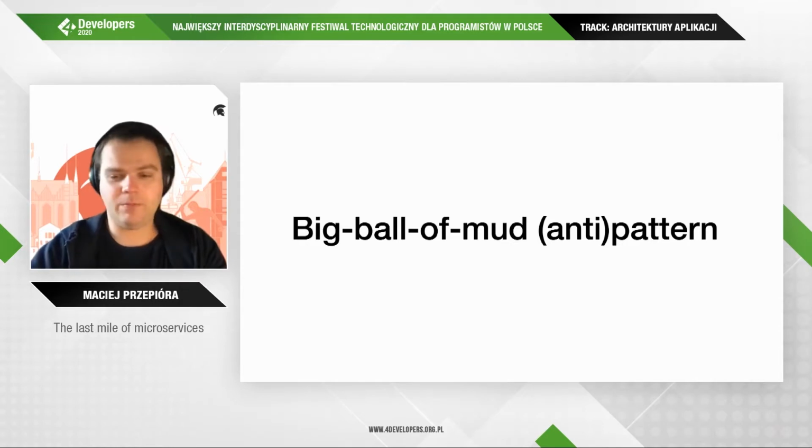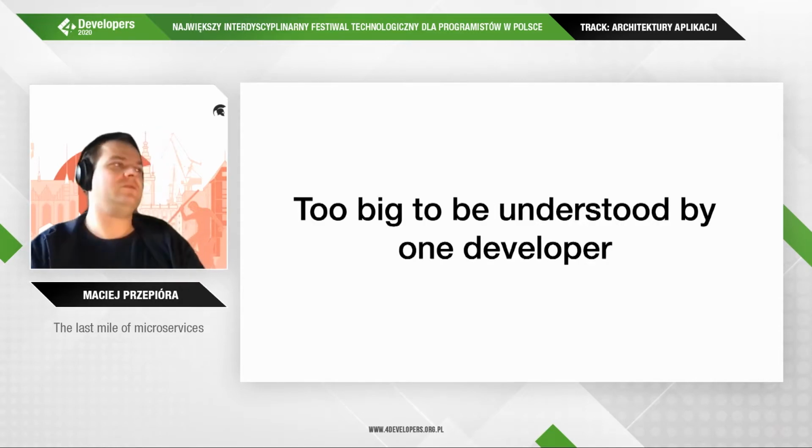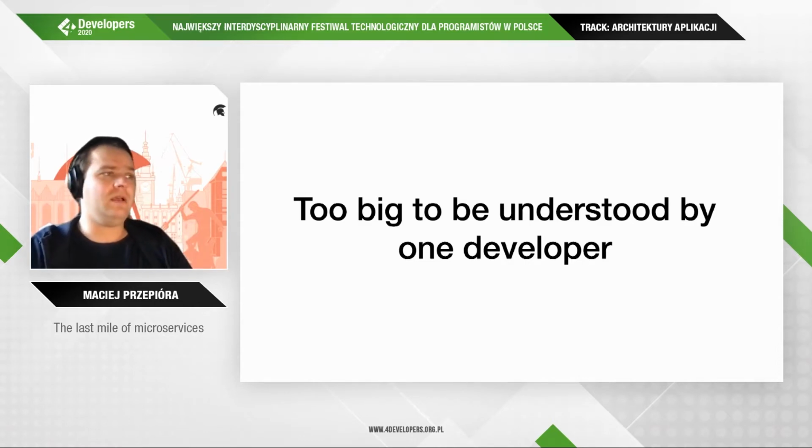So a big ball of mud is too big to be understood by one developer. And for example, onboarding new developers will take forever. When you have someone new joining the team, they need like 6 or 12 months just to understand what's happening in the system and how to provide simple features to it. So it's very expensive to onboard people.